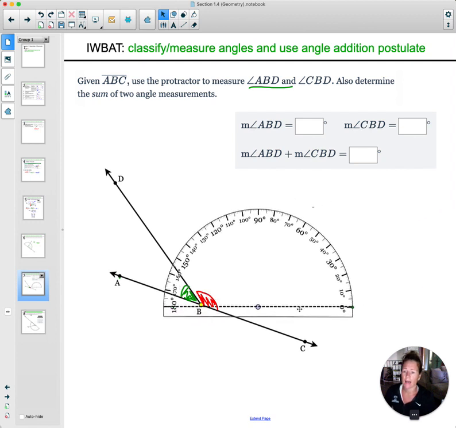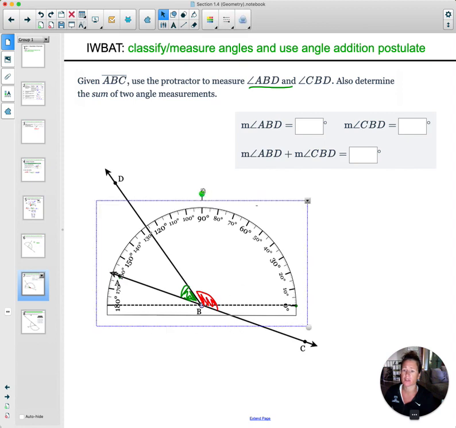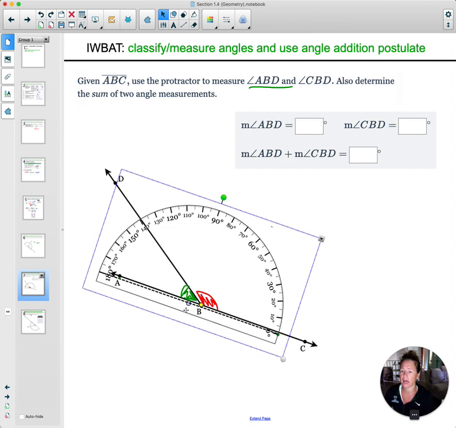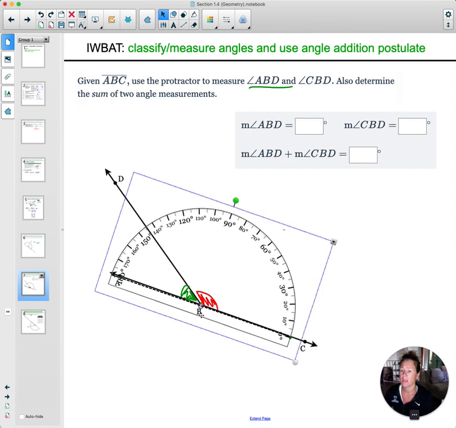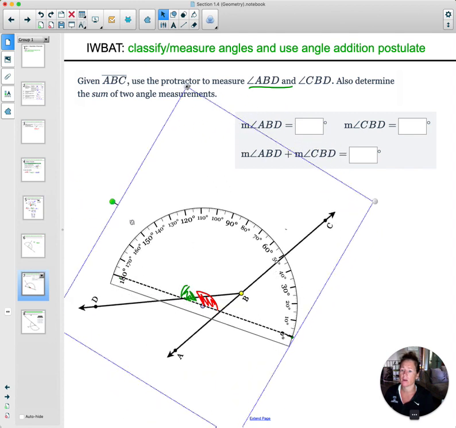So we'll go ahead and put the protractor on the vertex. Now it depends which one you want to measure first. I am just going to straighten this out and put it back on the vertex. Remember I said you can start at 0. Well, when I'm measuring this green angle, I didn't want to rotate this all the way around.